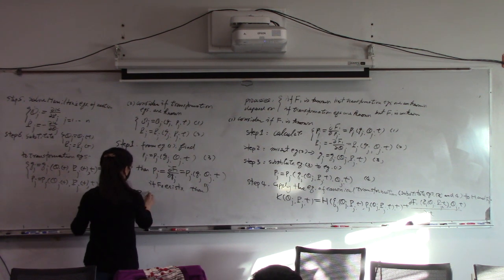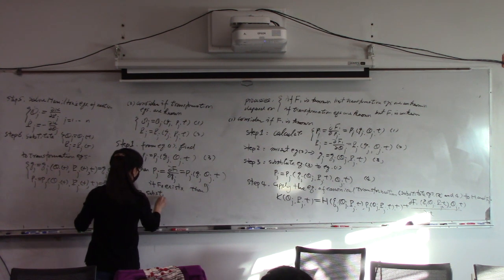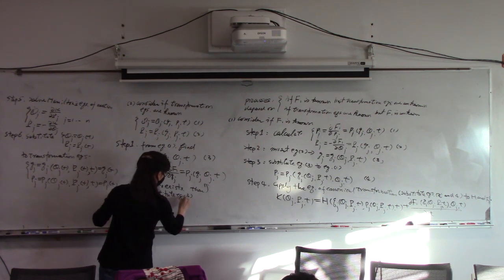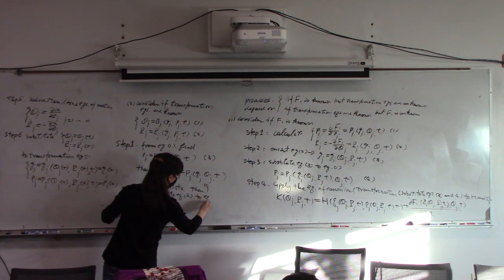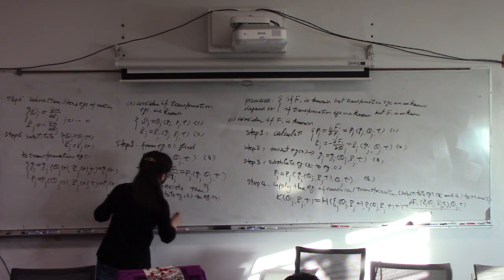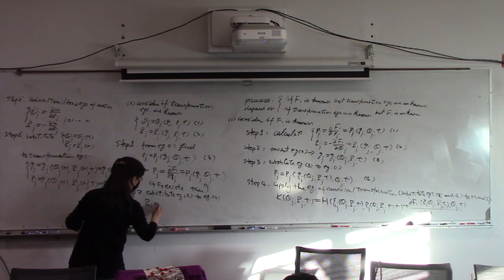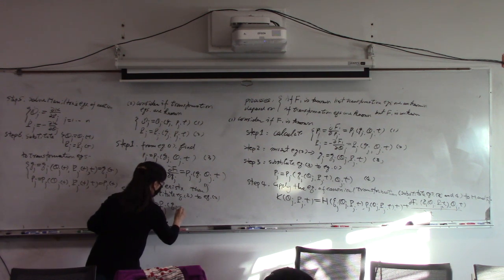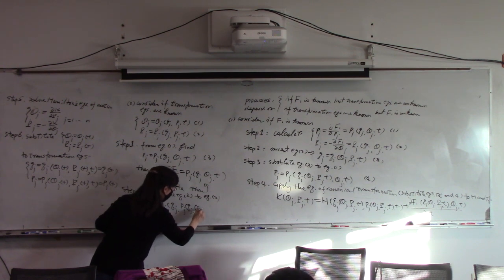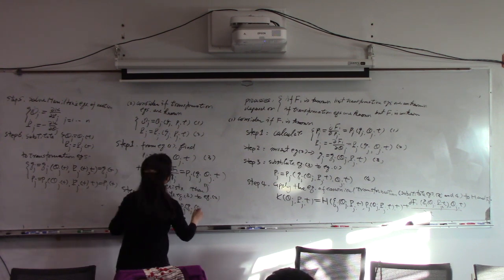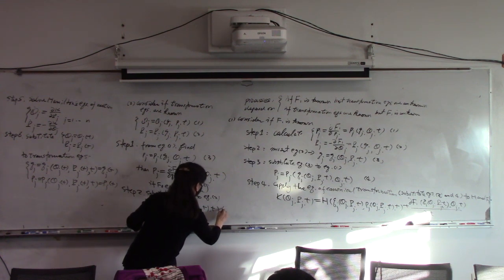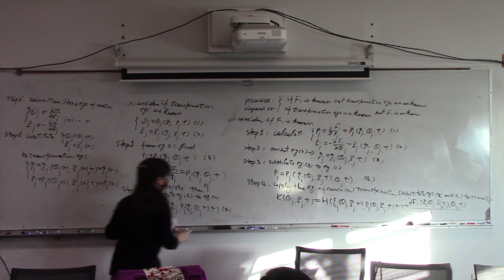That means substitute equation 3 into equation 2. Then we have capital Pj as a function of Qj, capital Qj, and so that is equation 4.